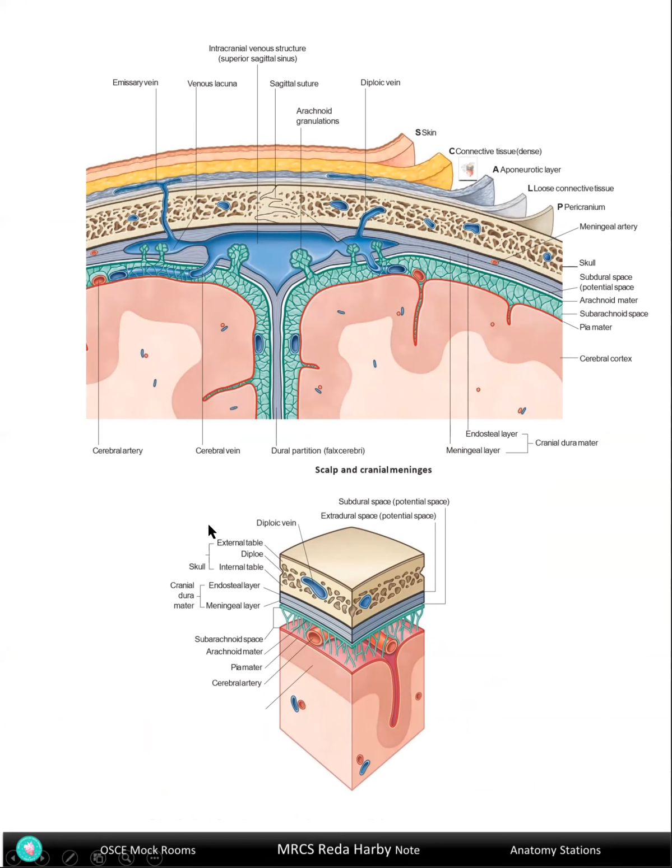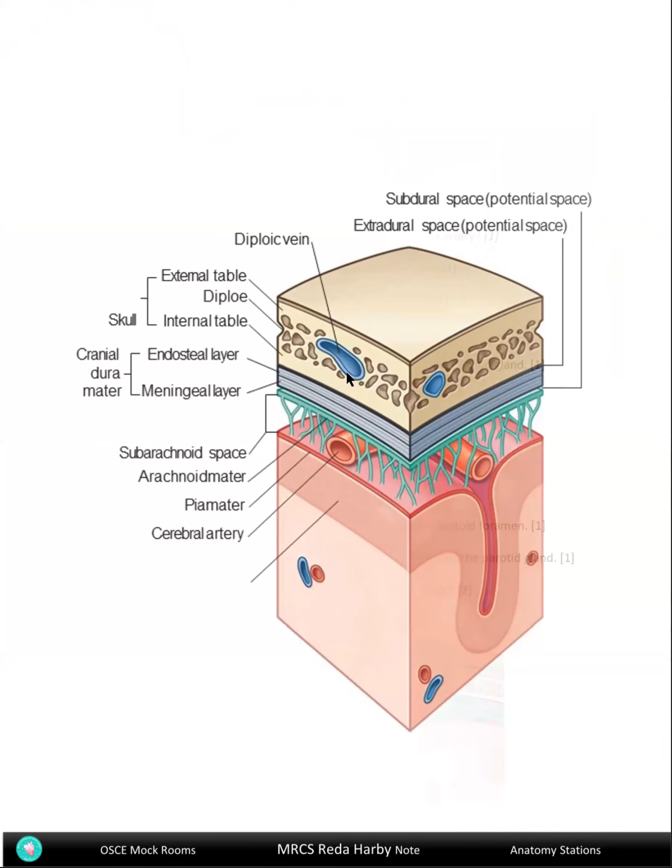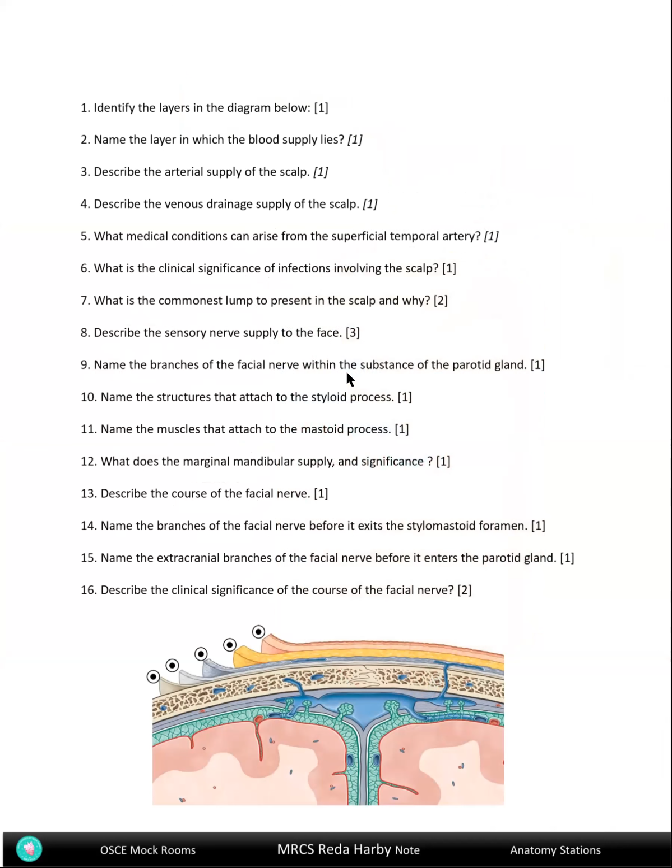Just have a look again at these questions. First you identified the layers, and in which layer the blood supply is running: the loose connective tissue. What is the clinical significance of that?